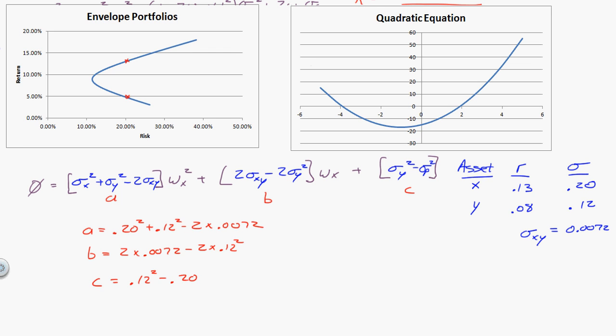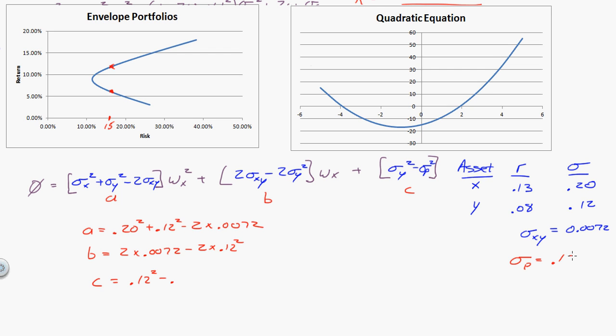Let me do a different number other than 0.2 because that's already in there. Let's say that's a bad example. So let's say the client, rather than wanting a 20% return, let's say the client wants a 15% return. So 15 is right about there. That would put them at this point and that point. So you'd have to come here and say the client wants a volatility, not return, a volatility of what?